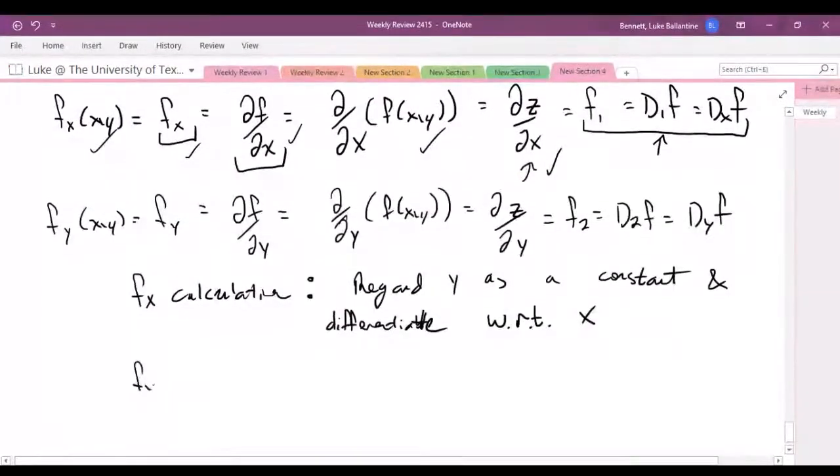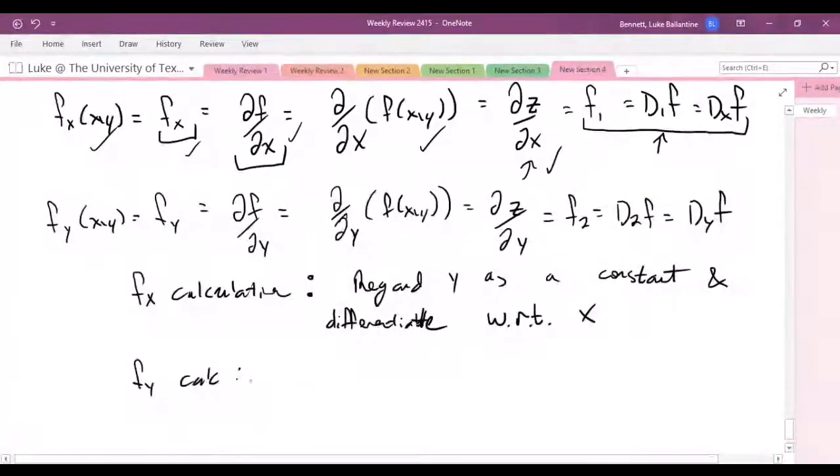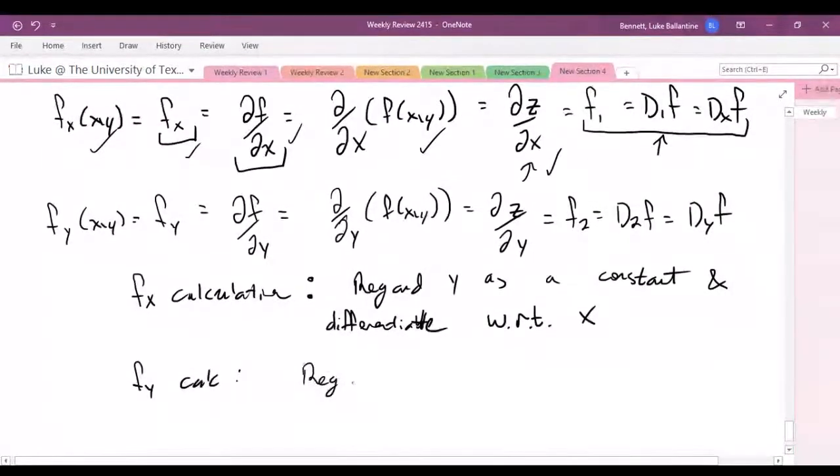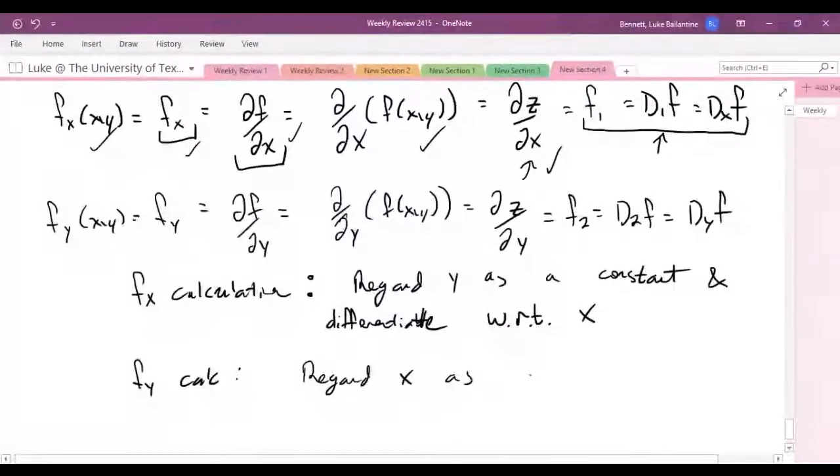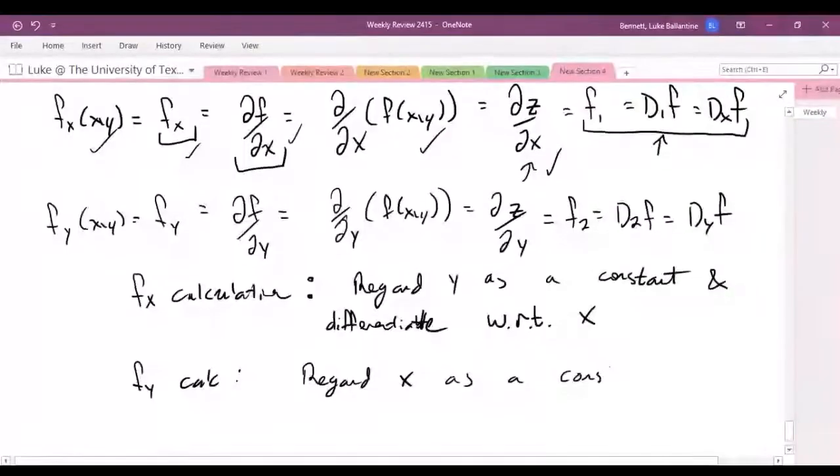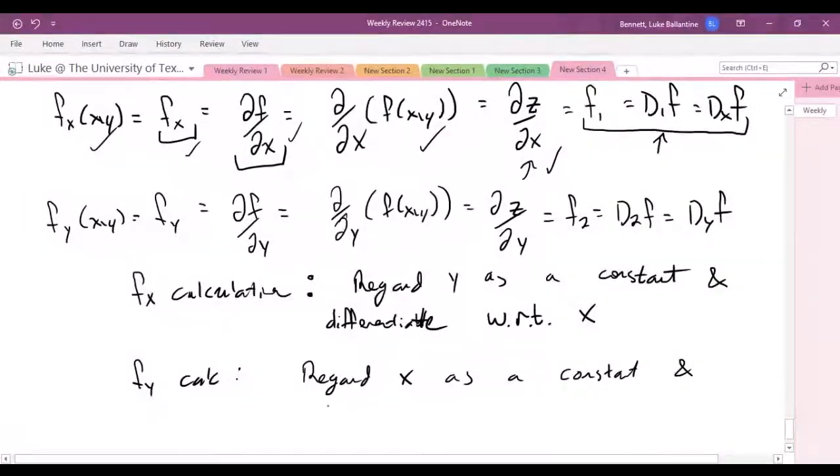For f sub y calculation, regard x as a constant and differentiate with respect to y.